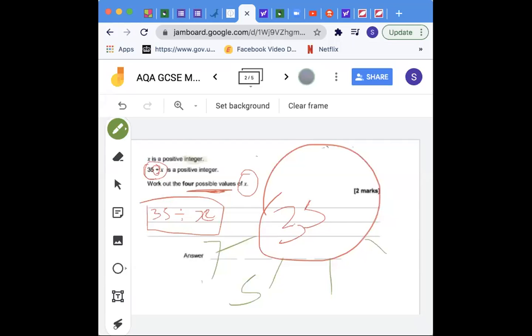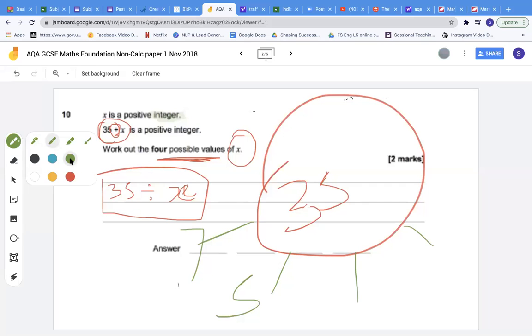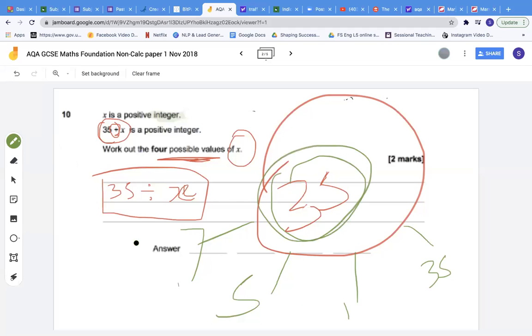Okay, so you're saying it's 7, 5, 1, and 35. Yes, correct. Well done. That is good. That's 1 and 35. So basically, the numbers that go into 35 without leaving a remainder.